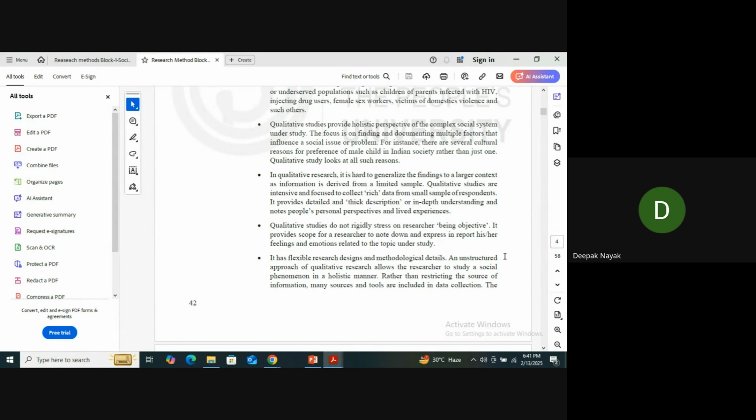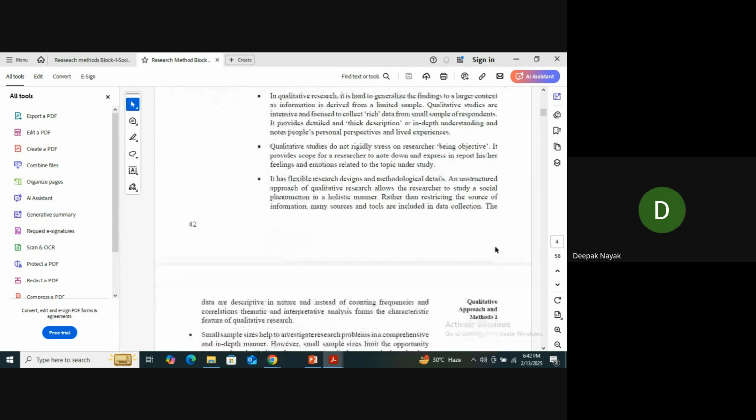You don't have any fixed model to move on in a qualitative study. You just move ahead, and according to the situation you have to take prompt decisions in the field, looking into certain problems in the field. You don't have a very structured kind of study under qualitative research.